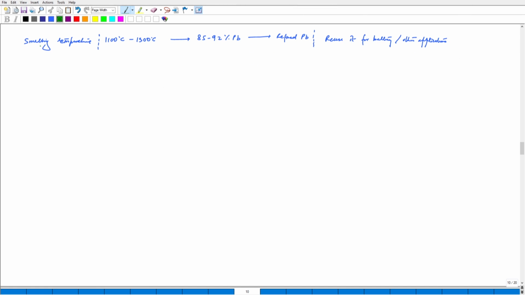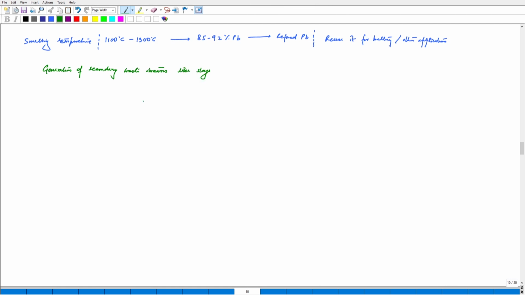Now pyrometallurgy has some disadvantages, so we will be observing them. Generation of secondary waste. Secondary waste streams like slags.